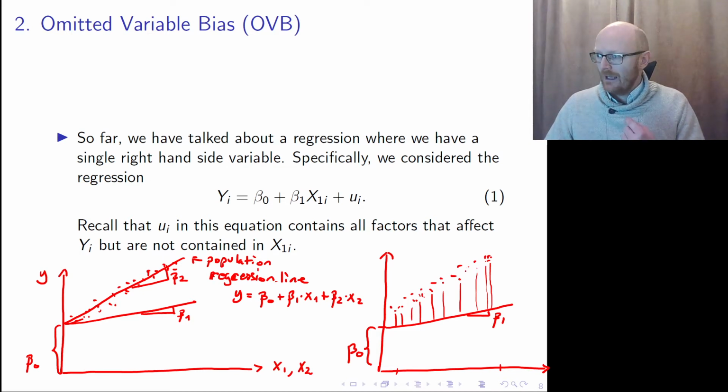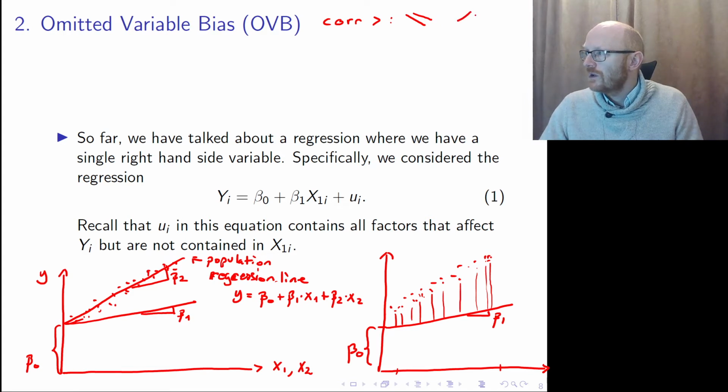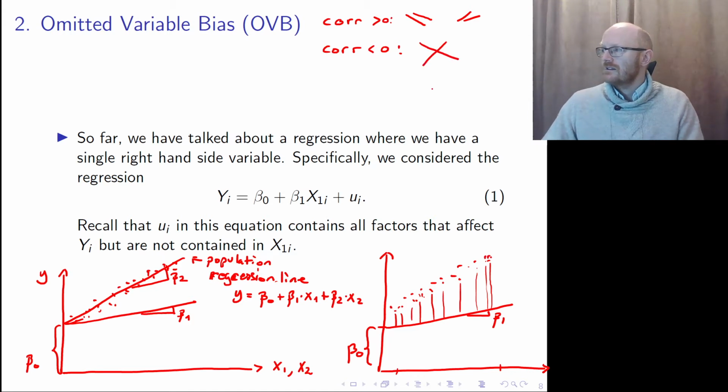Okay, and remember that correlation is positive when you have two downward sloping lines or two upward sloping lines, and correlation is negative when these data sets or these lines are crossing. One is downward sloping and one is upward sloping.